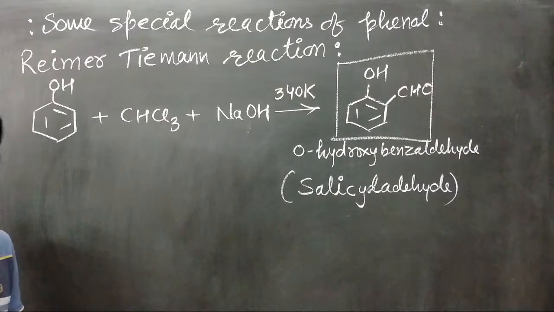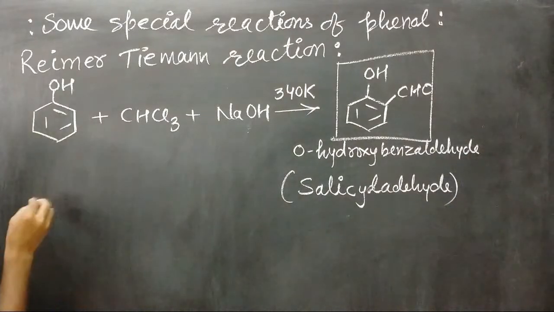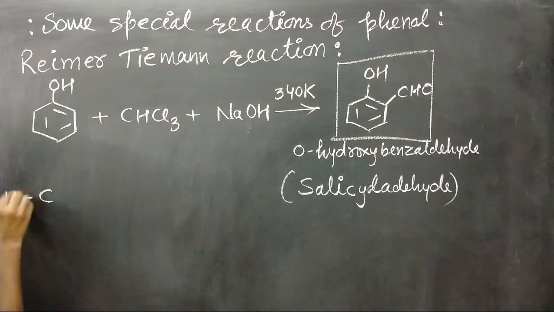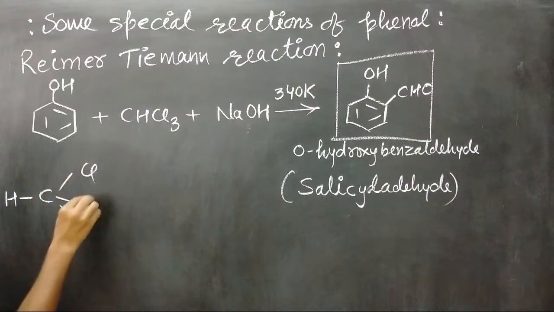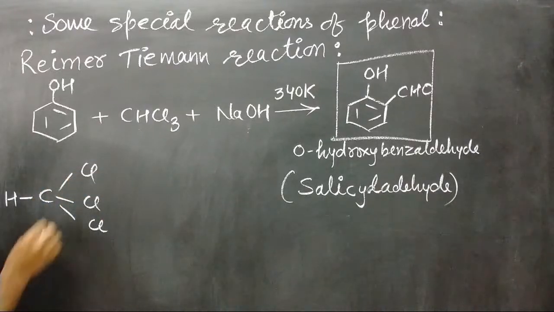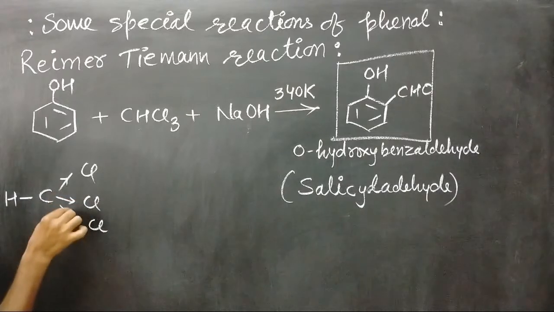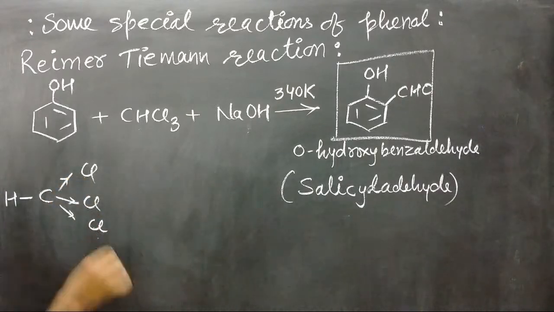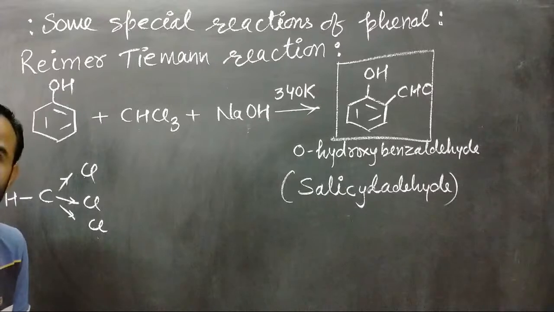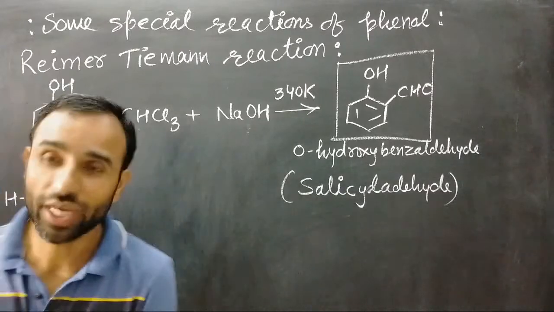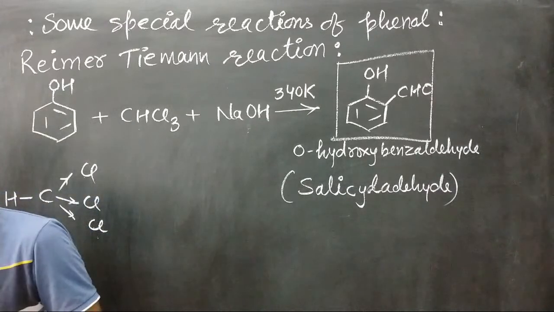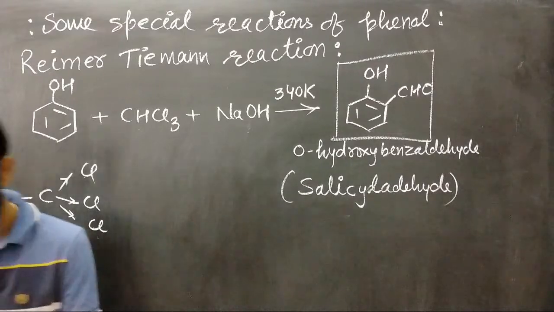So what is the mechanism behind it? First of all, in chloroform, there are 3 electron withdrawing groups. All the 3 chlorines have which effect? Tell me, minus I or plus I?